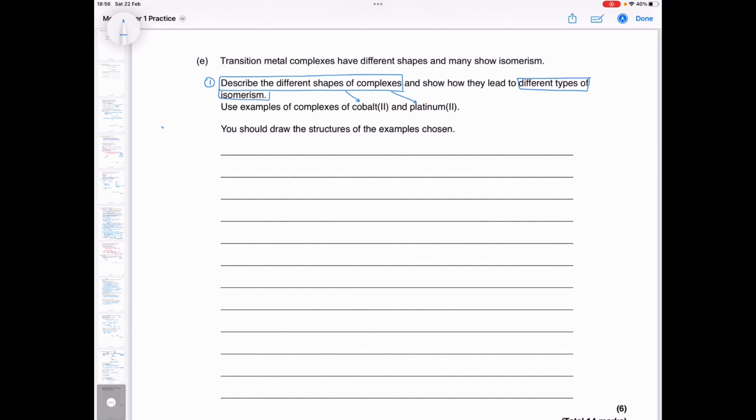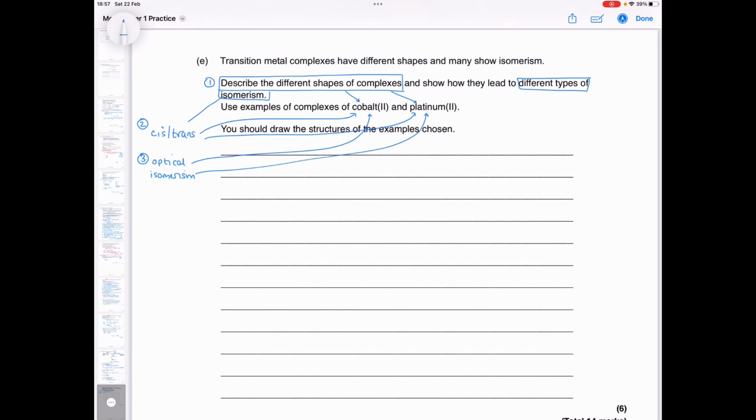Now, there's 2 types of isomerism. So stage 2, cis-trans, seems likely, again using examples of cobalt and or platinum. And then 3 is optical isomerism, again using examples of either cobalt or platinum.